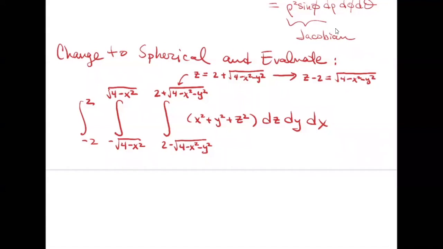You square both sides and move the x squared and y squared over, and you get x squared plus y squared plus z minus 2 squared equals 4. So that's a sphere.